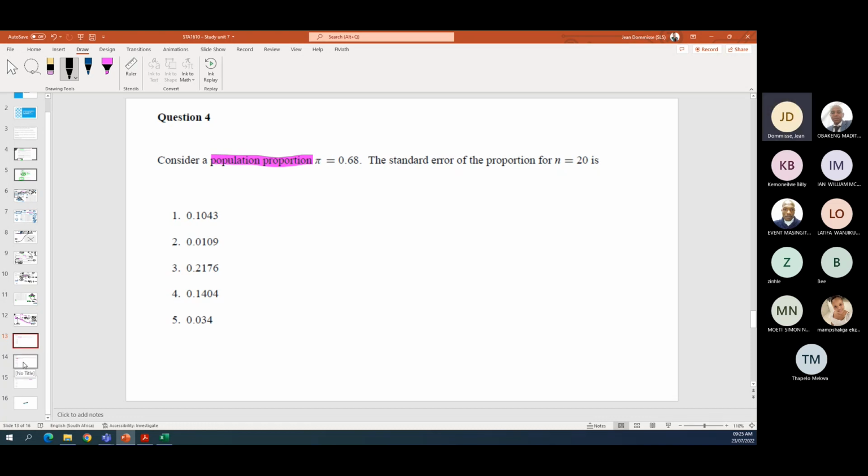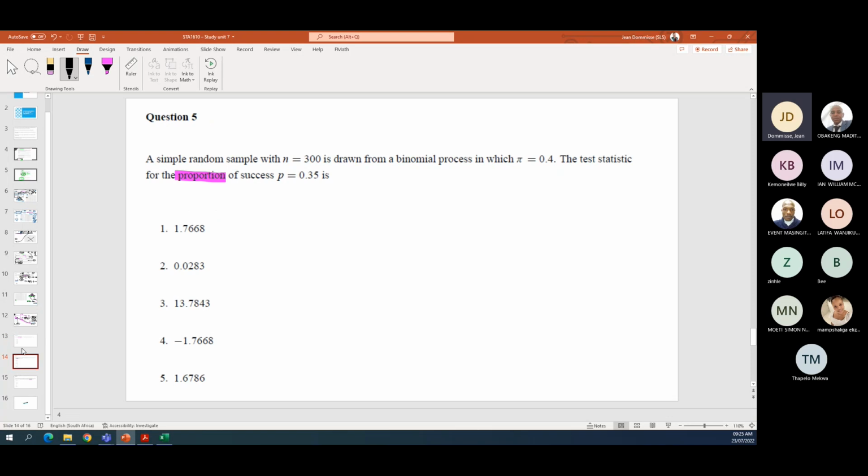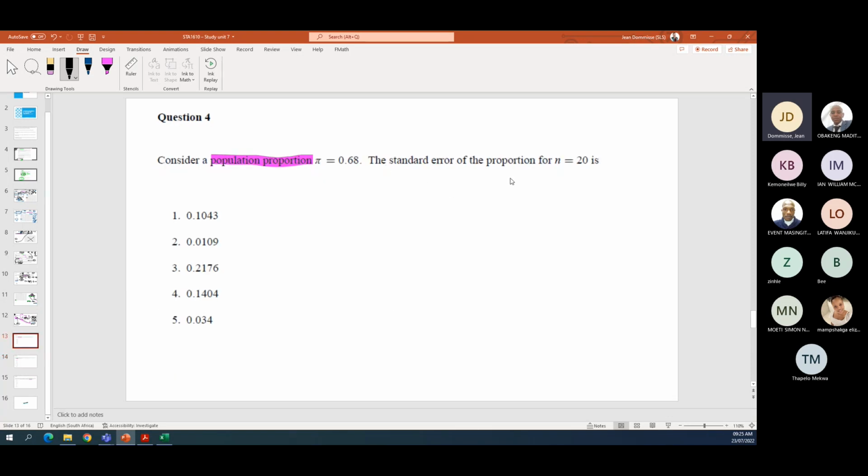In these examples, they actually had standard error a lot of the time. So even for your assignment as well, just be on the lookout for the standard error questions, because I think that might pop up a few times in your papers.